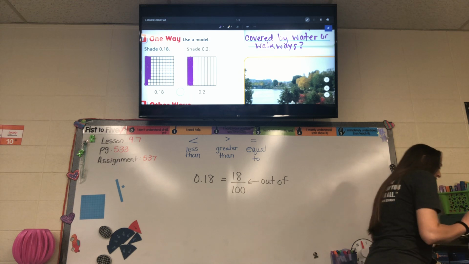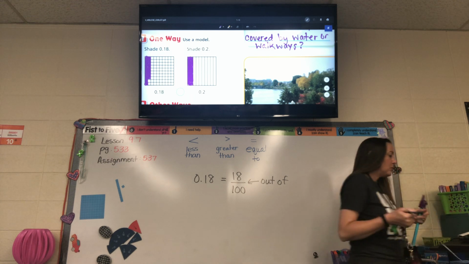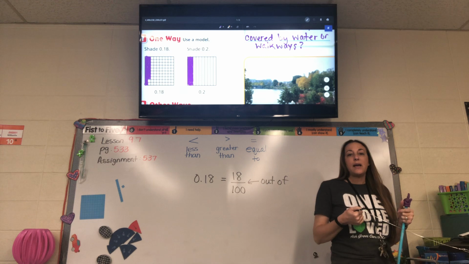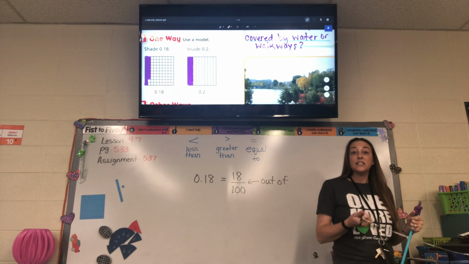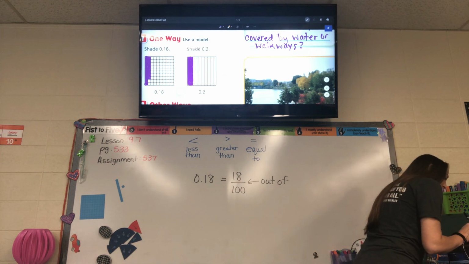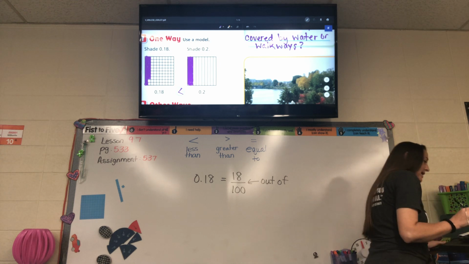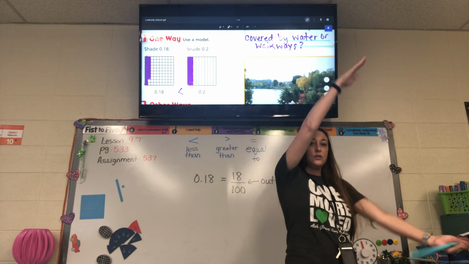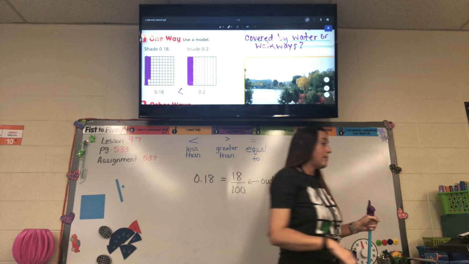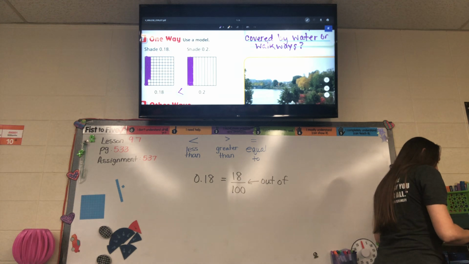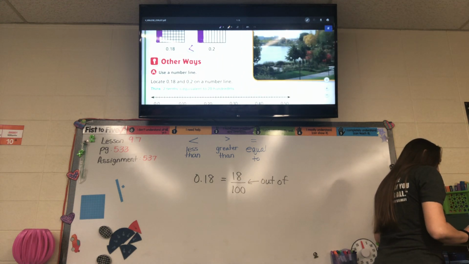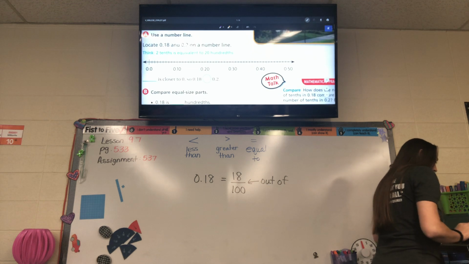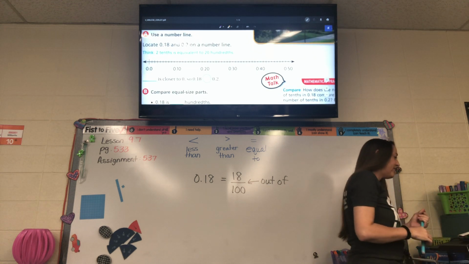Okay, if you look and see which one has more shaded, it's the 2/10. So that means that 18/100 is less than 2/10, because remember, you want to open the mouth towards the bigger number.